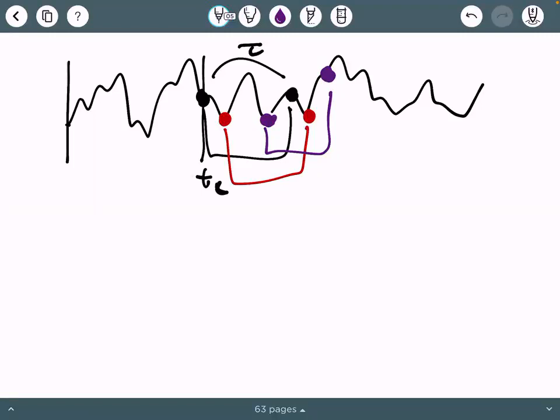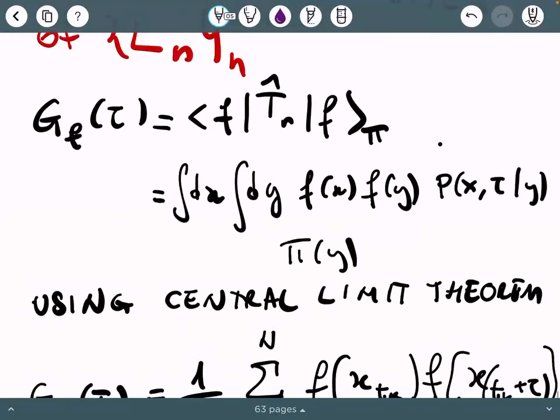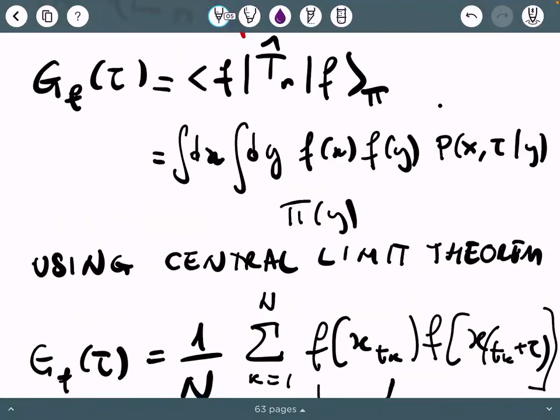So this, if you go back on the definition we had here, if my trajectory is sampled from an equilibrium distribution, really this is the time correlation function of the f function, because this will give me the probability to find the function f of y at time 0, and this will give me the associated probability of finding it at f of x at a later time, and this will connect the two by Langevin dynamics.